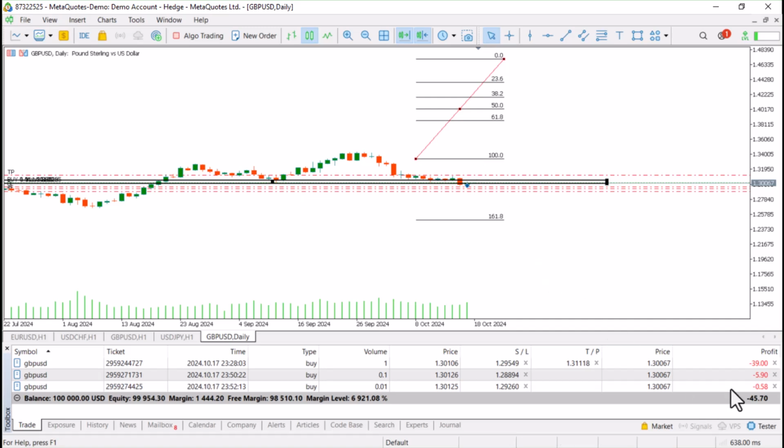Okay? Now you can see right here we are in minus $39. What does that mean on a standard lot size account? It means 3 or 4 pips have moved. When a 1 lot size trader account is losing $39, a mini account trader is losing almost 6 pips for $5.90.